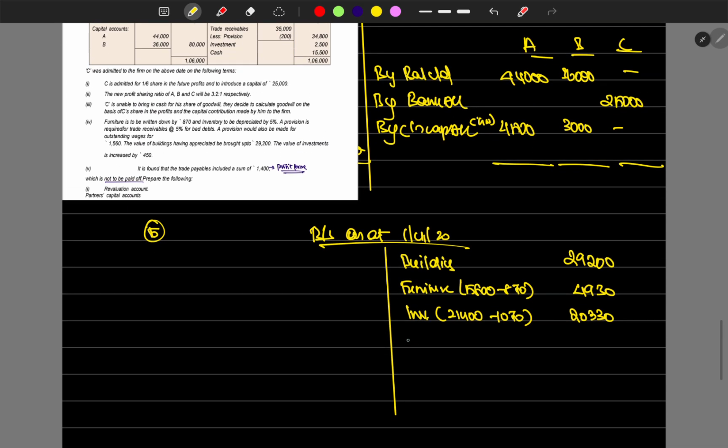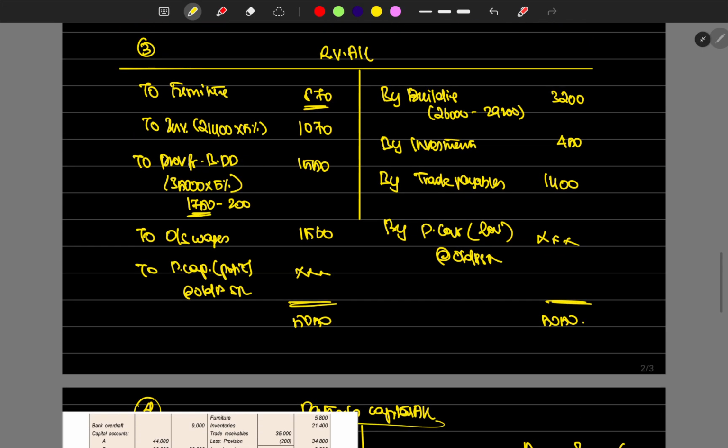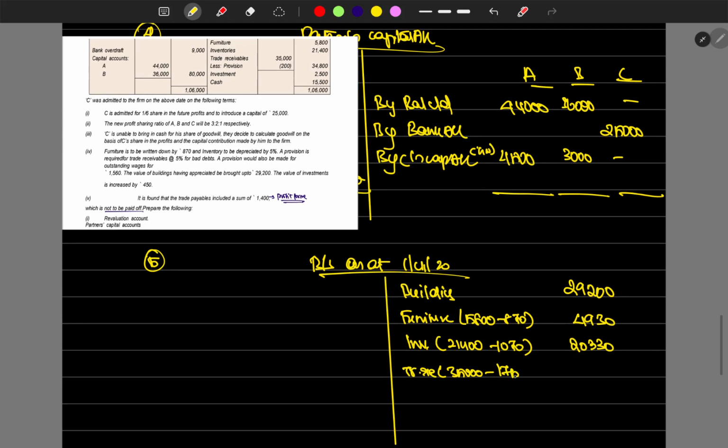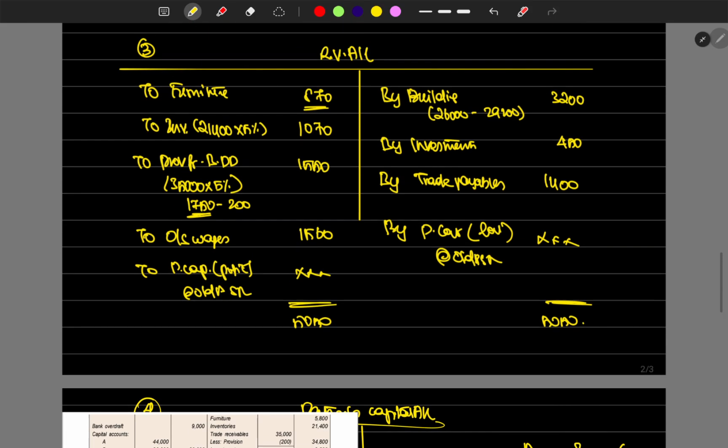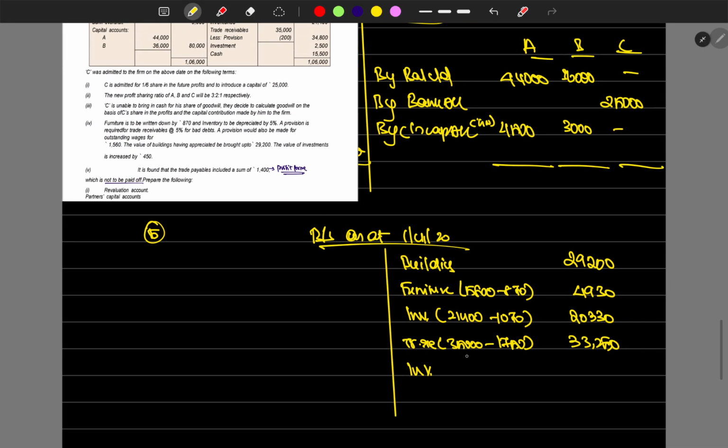Trade receivables. Is there any change in trade receivables? Yes, which is 35,000 minus the updated provision, 1,750, the recent provision required, which is 33,250. What else? Then investment. Investment is increased by how much? 450. So 2,500 plus 450, which is 2,950.